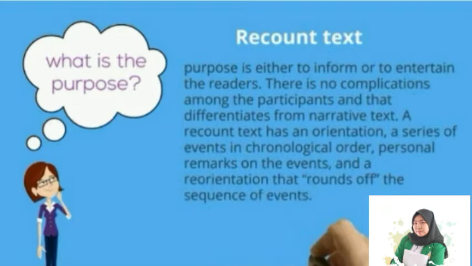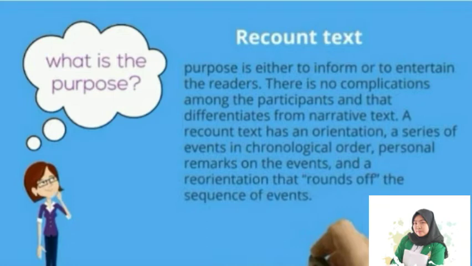A recount text has an orientation, a series of events in chronological order, personal remarks on the event, and a reorientation that rounds up the sequence of events. It means that the purpose of recount text is to list and describe past experiences by retelling events in the order in which they happened.